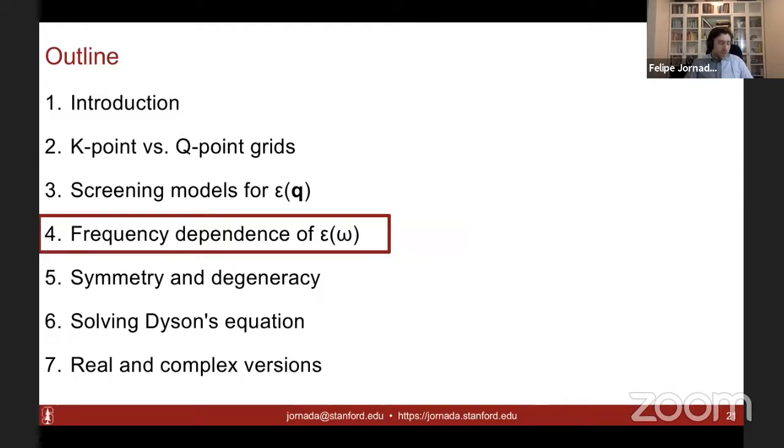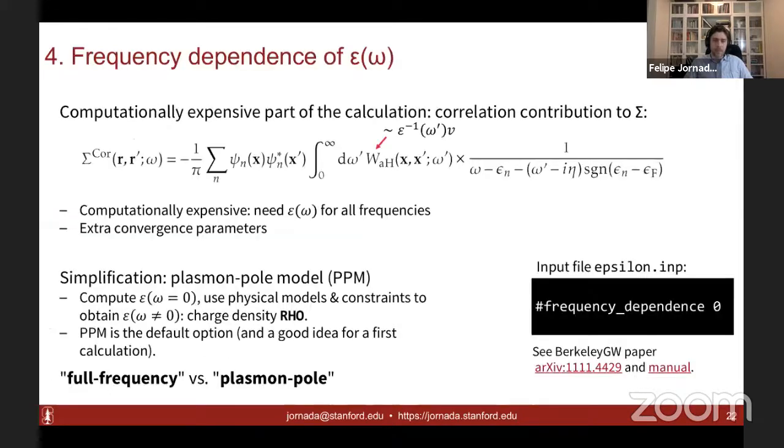A few other topics I want to mention. The first is how we deal with the frequency dependence of the dielectric matrix. This is just a brief discussion. If you actually look at the full expression for the self-energy as a function of, for instance, frequency, you see that the self-energy involves a sum over orbitals, but an integral over frequencies.